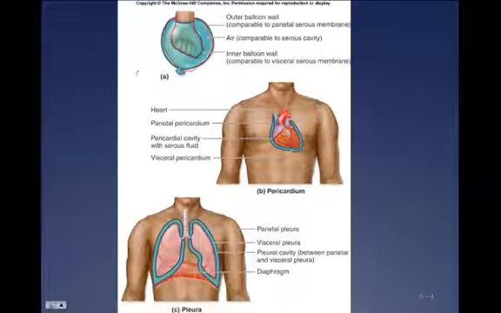And if you look here, it's this double layer of these epithelial cells that are going to be basically folded back on each other. These epithelial cells are what's going to secrete the serous fluid. And the serous fluid is going to be secreted in between. So that acts as the gel pack, that serous fluid.